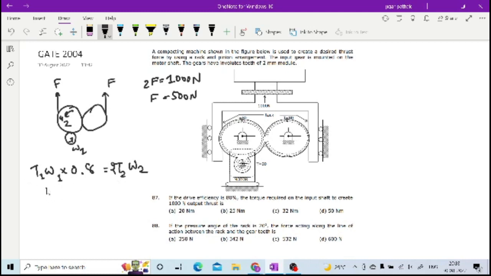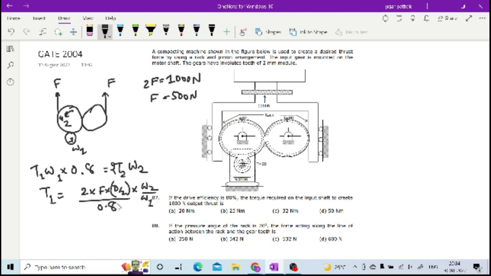What you have to calculate is T1. So T1 is equal to 2 into T2, where torque is nothing but the force into the radius, radius is D by 2, and again omega 2 by omega 1, divided by 0.8.